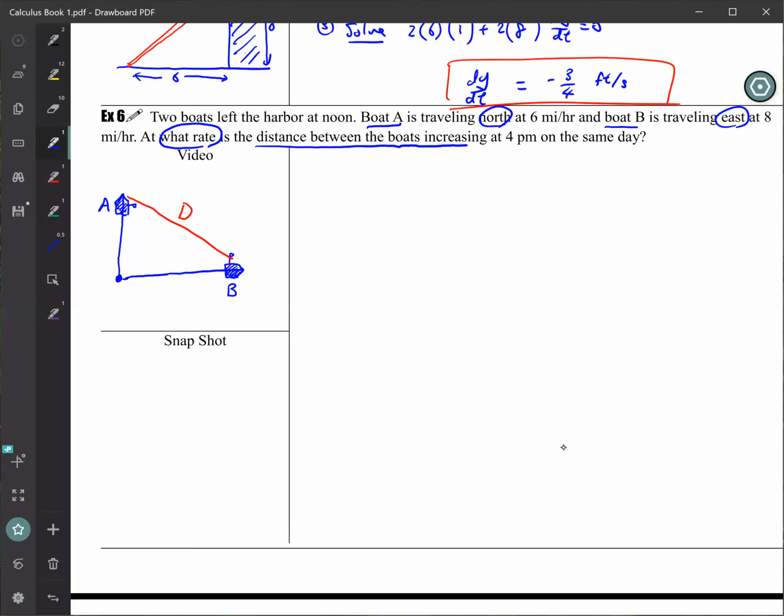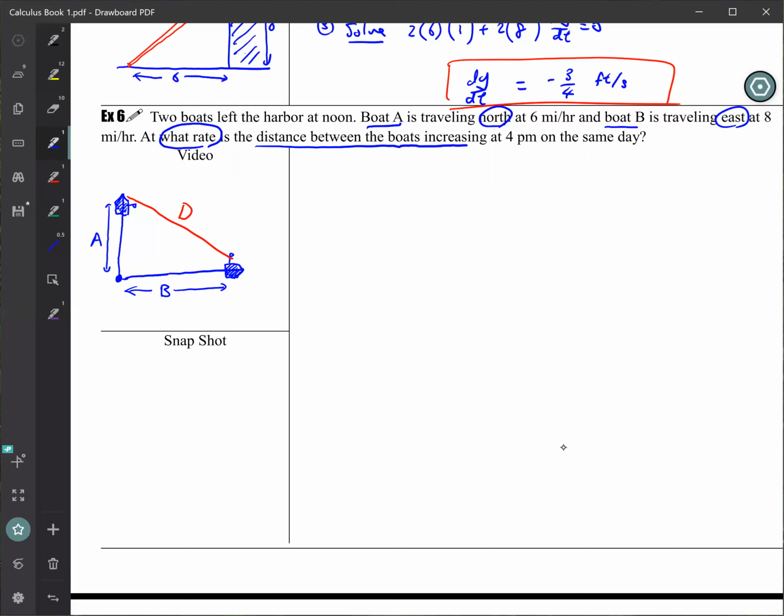I mean, how far the boats have traveled? Yeah, okay, so to keep it simple, we can call the distance traveled by boat B, B, and the distance traveled by boat A, A. So we don't have to introduce other letters. Keep it simple. So we have A, B, D, 3 variables.